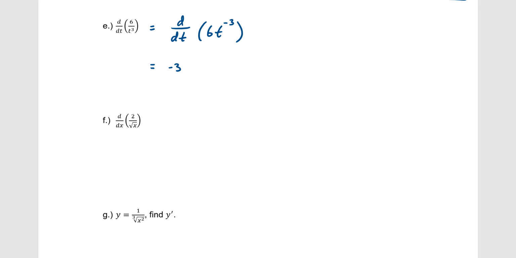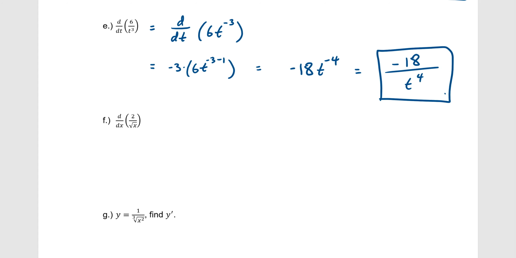It really doesn't matter. Negative 3 times 6t. Negative 3 minus 1 is the new exponent. So that gives us negative 18t to the negative 4, which once again we can leave like that, or we can write it as negative 18 over t to the positive 4.